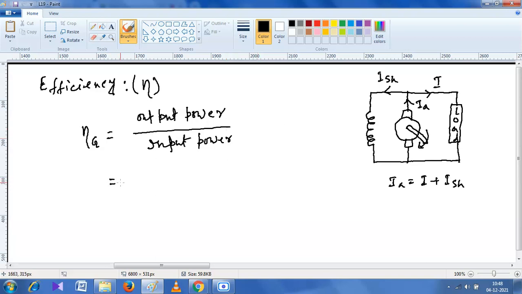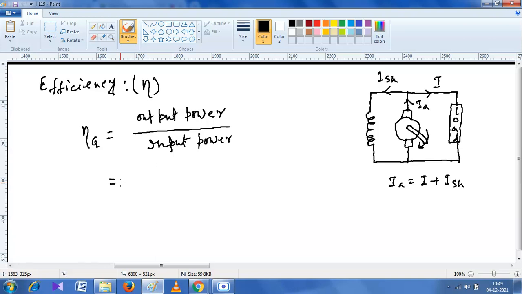Whenever we determine the efficiency, we have to calculate it in terms of electrical power. Because in case of generator, we provide mechanical power and we get the output in electrical power form. In case of motor, we provide the electrical power and we get the mechanical power.